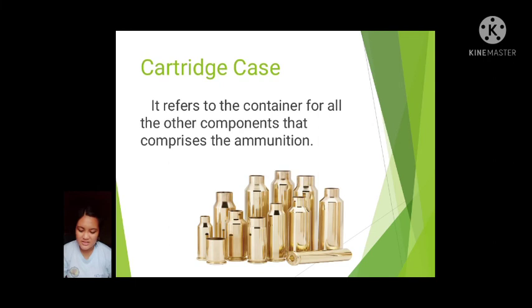Next we have here cartridge case. Cartridge case, it refers to the container for all the other components that comprise the ammunition. Cartridge case means the casing that contains and holds together the propellant, primer, and bullet, which may be formed from aluminum, steel, plastic, or some combination of those or other materials.